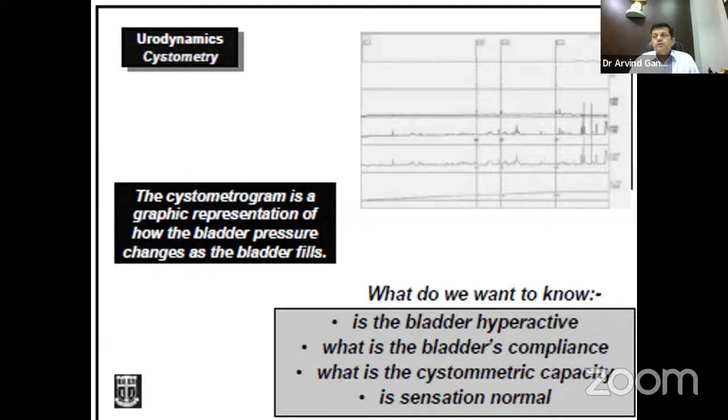You have to see whether the patient is having any overactivity. Now, there was a previous definition wherein they used to classify it as sensory and motor overactivity. Sensory means the patient only has a desire to pass urine, but he doesn't leak urine. And motor means he has both sensation as well as he leaks a few drops. So first is capacity. Second is whether he's having any overactivity.